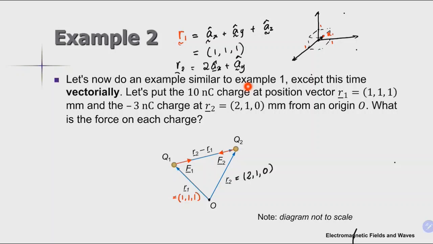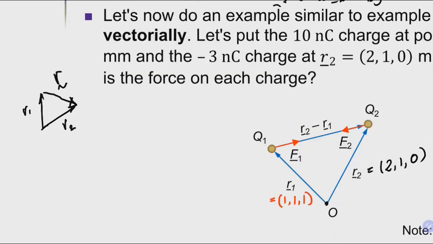Okay, so I'm sure you learned vectors before. If I have two vectors, R1 and R2, I want to work out this vector here, R. Okay, so this vector R will be, if I reverse this vector, that will be minus R1, and my R will be R2 minus R1.